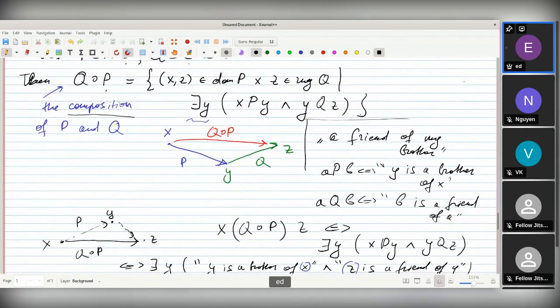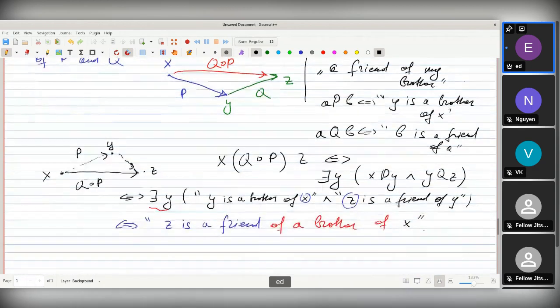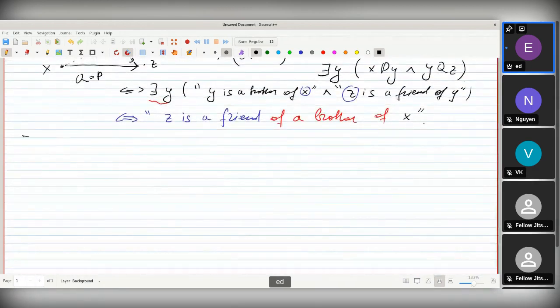Or you can consider other interpretations. Say, consider two cities, X and Z. You can say that Z is accessible from X via two flights with a change. So now we have two identical relations, to be accessible by a direct flight.